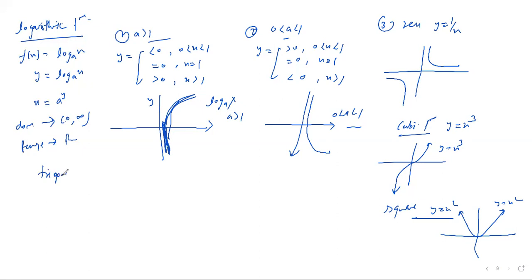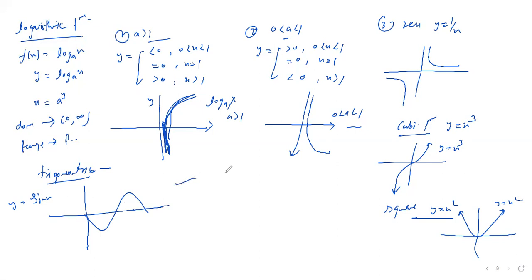And we have trigonometric functions like sin x, cos x, tan x. When y equals sin x, the graph of sin x is like this. So these are the functions.